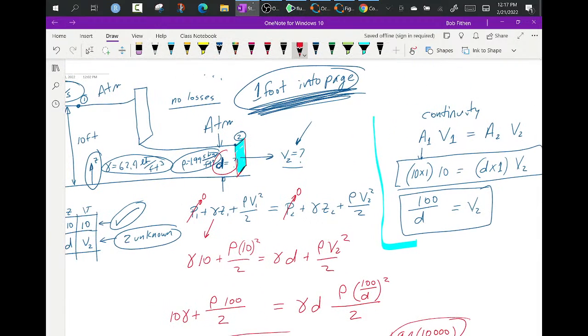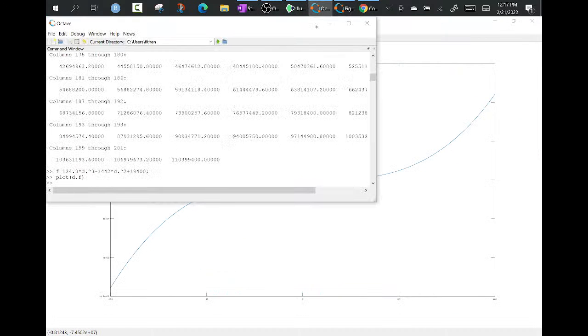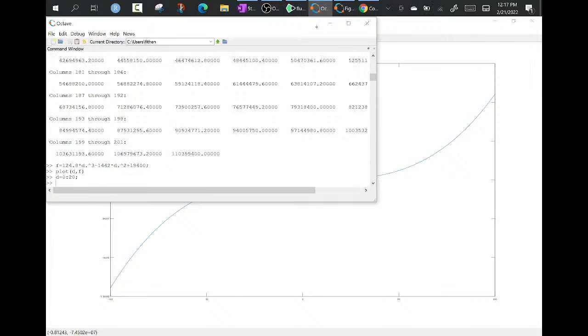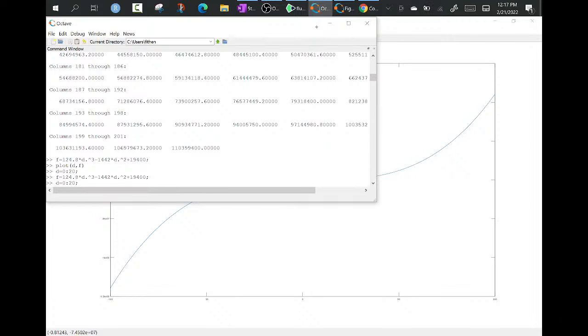No, you can't have a negative d, so it has to start at 0. So I'm going to go back up. It can't really have a negative depth. And going to 100 maybe is fully excessive. Let's plot it now.